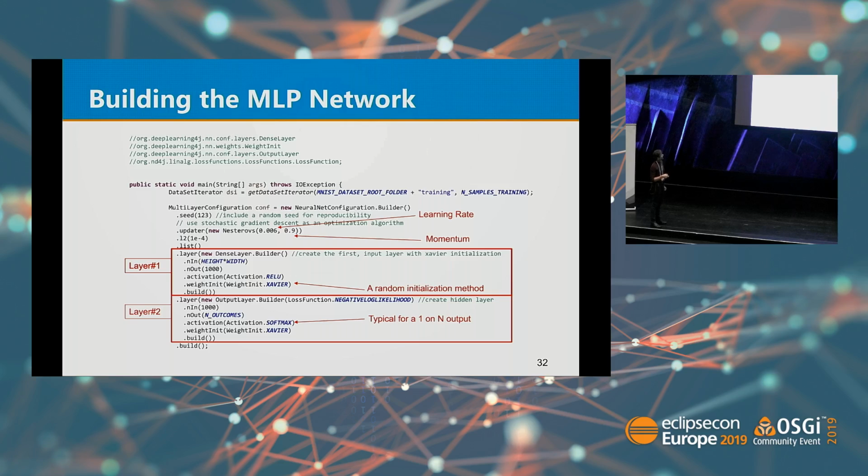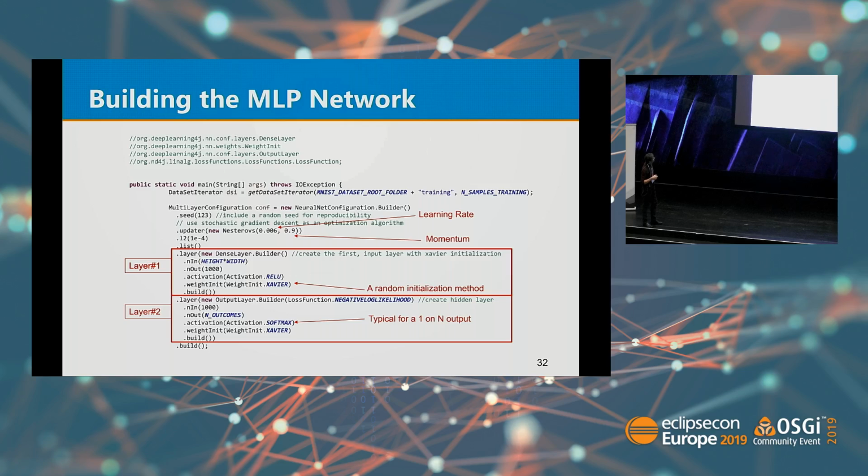Then it's time to build our network. And this is how we build our network. Let's see the important points. Here we are adding 2 layers, and the first layer maps between the input and the output.